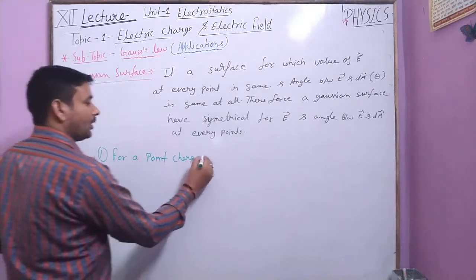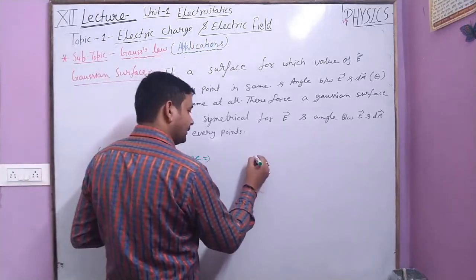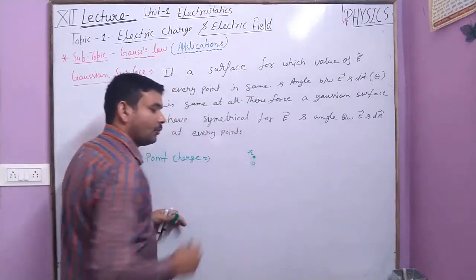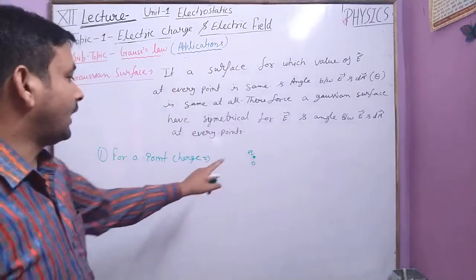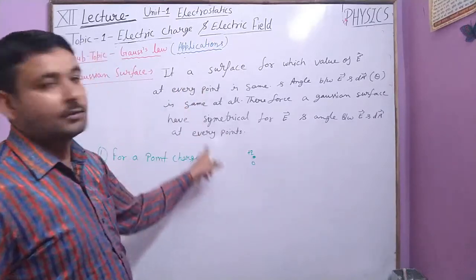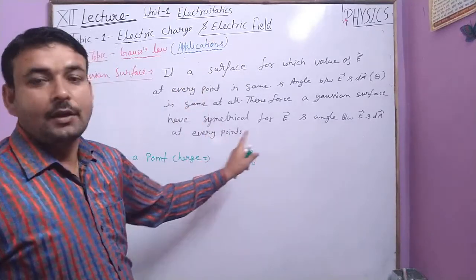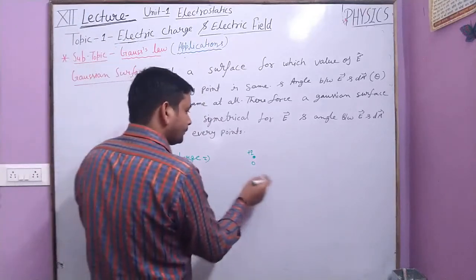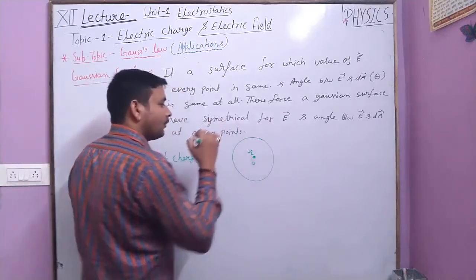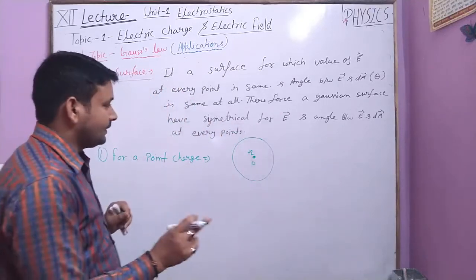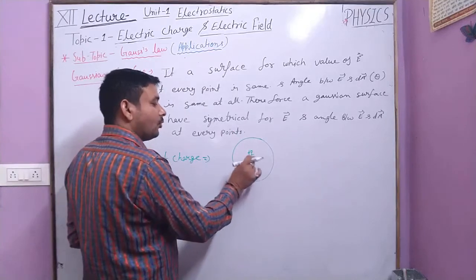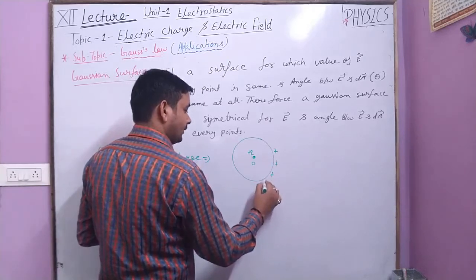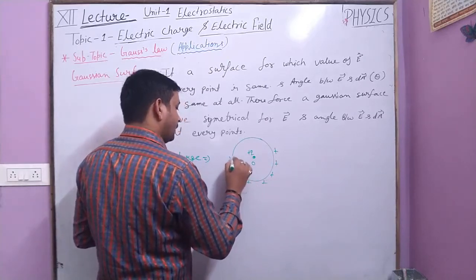Okay, for a point charge, suppose we have a point charge of magnitude q kept at point O. Okay, so for calculating the electric field by using the Gaussian surface, Gauss's law, we can consider a Gaussian surface, which is usually in the spherical form, and according to Gauss theorem, the total charge is always referred to the surface.